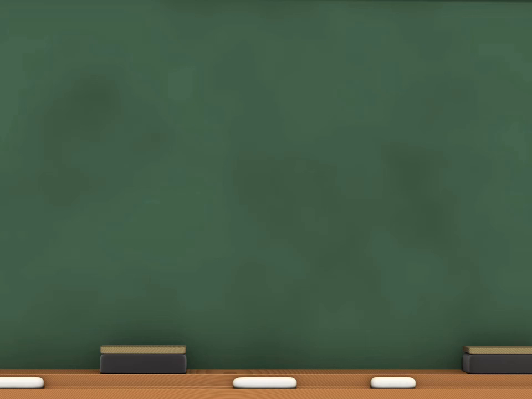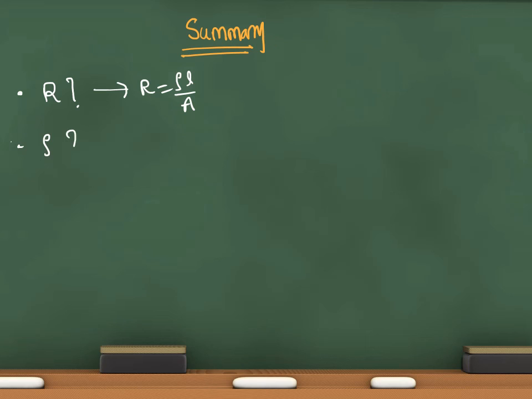Now, what are the things we have discussed till now? Summary. What is resistance? Of course, we know resistance is equal to rho L by A. And what is resistivity?